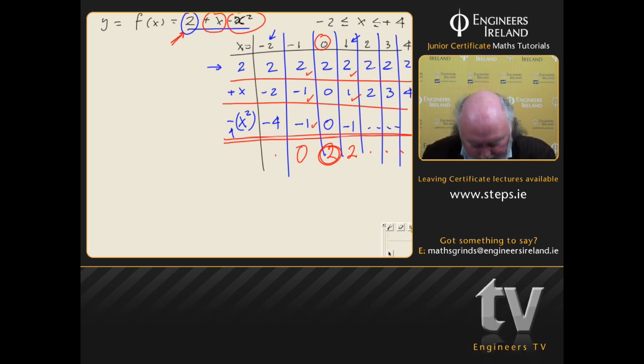Normally, when you fill those in, if they ask a suitably interesting function, you will find that you won't exactly have where it crosses the axes, or the point where you get a maximum or the minimum.